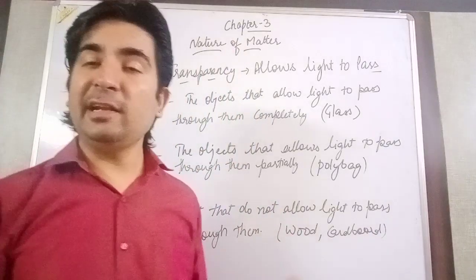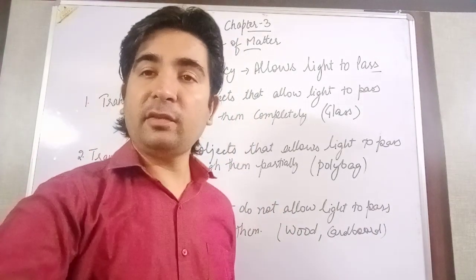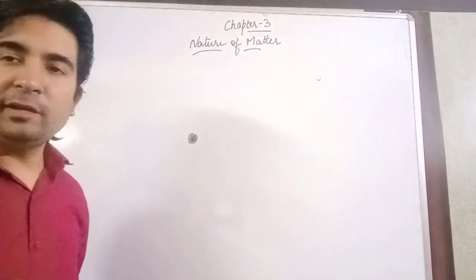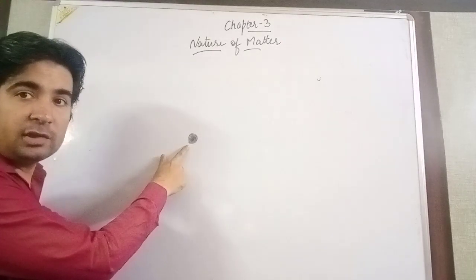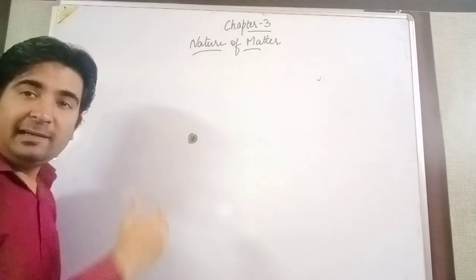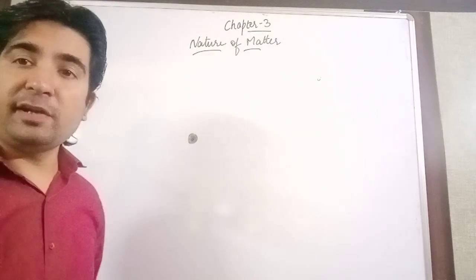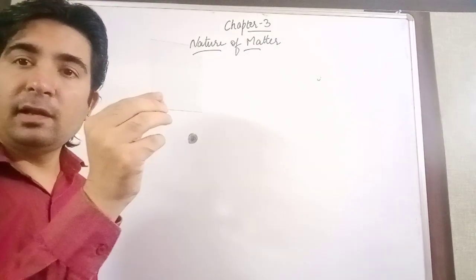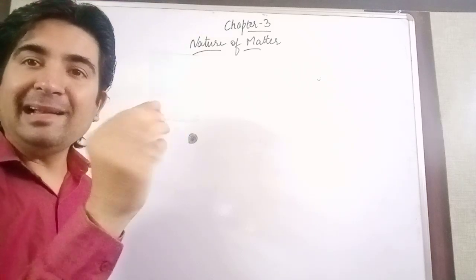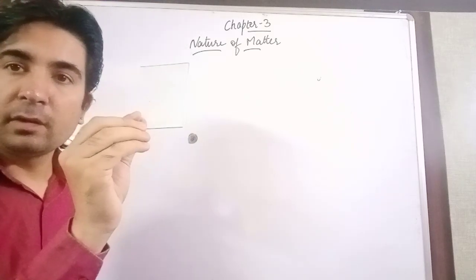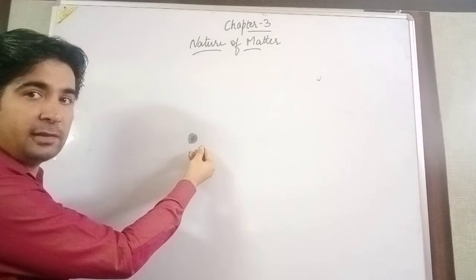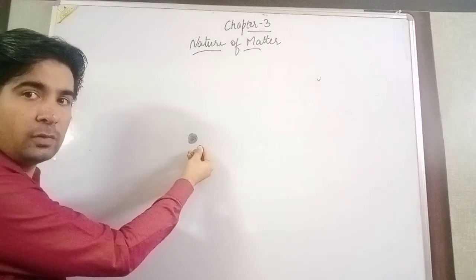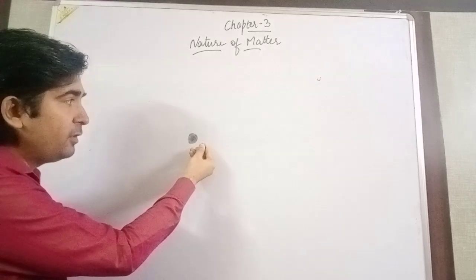Now let me show you this through an activity. For this activity, I have made a dot on the board and let's see it through different objects. First of all, I have one glass strip with me. When I try to see this dot with this glass strip, what can you observe?